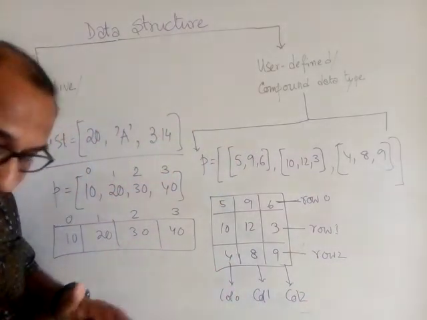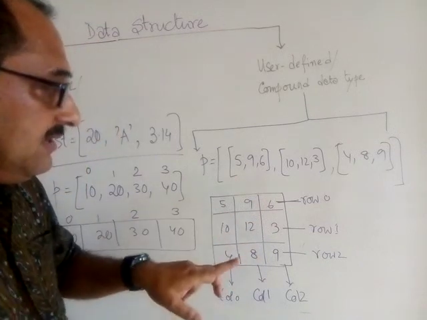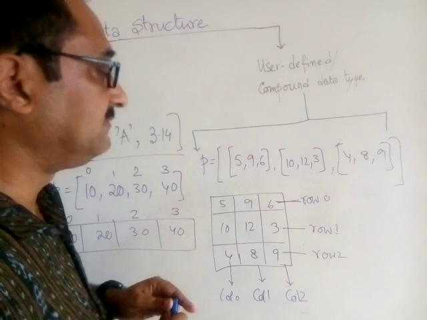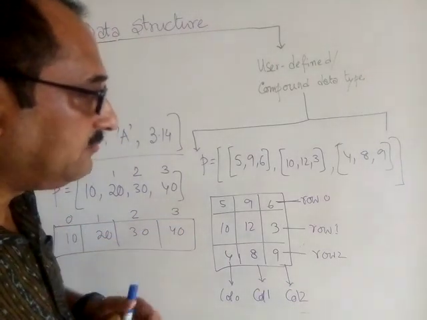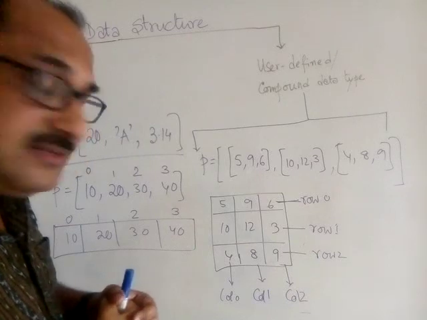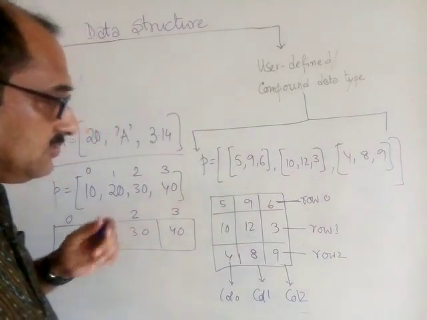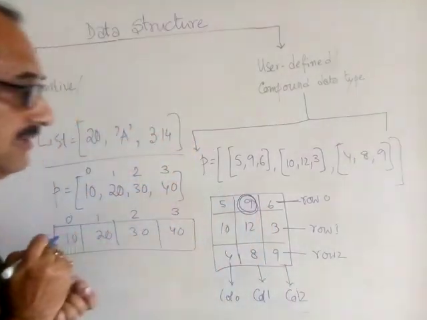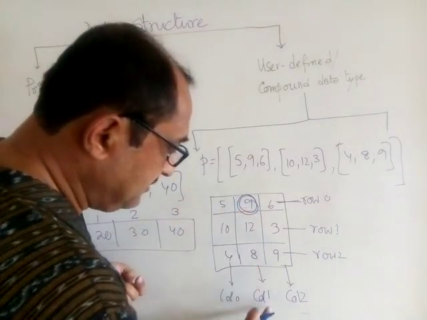Now, to identify every element present in it, I can follow a kind of indexing. Just mentioning one number will not be good enough to represent an element in a double dimension array. For example, if I have to refer to this one, it is present in row position 0 and column position 1.